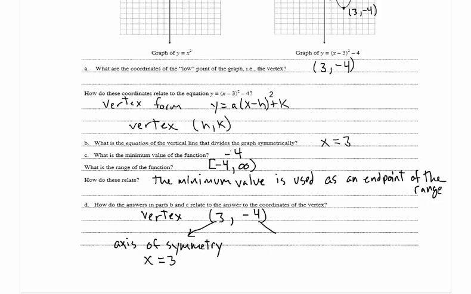And the y-coordinate of our vertex was the minimum value of the function, which we found to be negative 4. So our range was negative 4 to infinity. And that's all for the properties of the graph of a quadratic function.